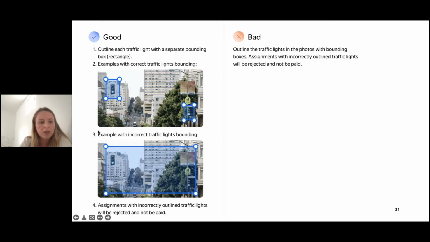So I think it's pretty easy to spot that the left-hand side is much better. You would be surprised how many people actually use something similar to the right-hand side, and then the quality of the data can suffer.